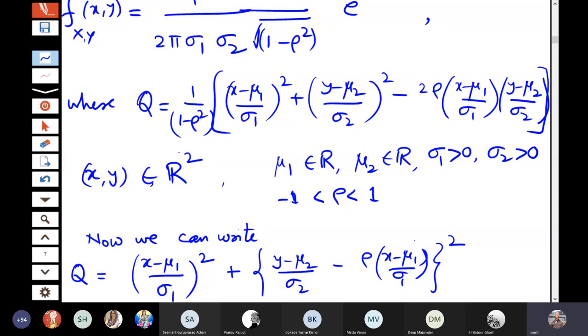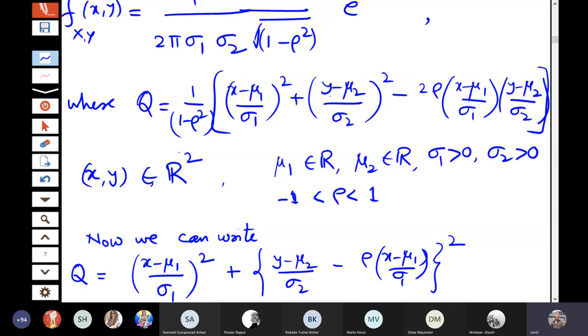Let us look at whether whatever I have written makes sense or not. So this is x minus mu1 by sigma 1 square. Here I consider 1 minus rho square plus rho square. If I take the 1 minus rho square term, then 1 minus rho square in the numerator and denominator cancels out, and I get x minus mu1 by sigma 1 square.